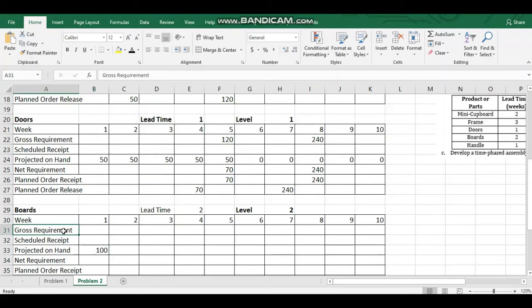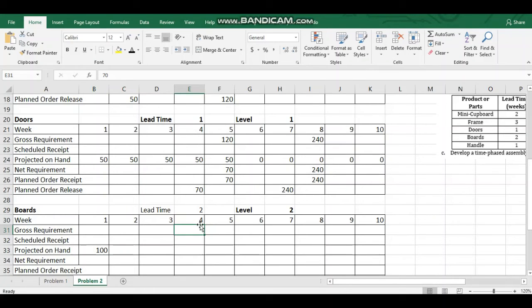Okay, for the gross requirement, don't forget that the children's gross requirement follows the plan order release of its parents. Since boards are the children of the doors, we have to see that the plan order release of the doors appears on week 4 and week 7. So the gross requirement for boards will appear on those weeks too.